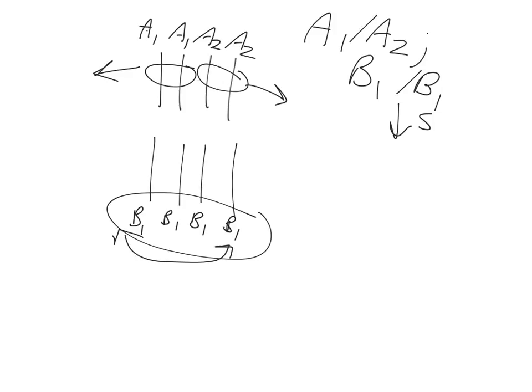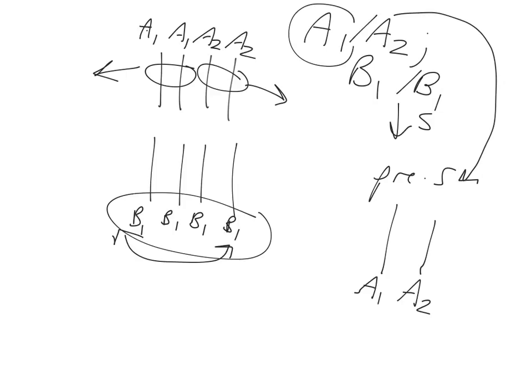Wait, so A1 over A2, that means you have 4? No, that's after synthesis. So before synthesis, what do you have? Pre-synthesis, you've got one copy of chromosome A version 1 and one copy of chromosome A version 2. Okay. That's what that genotype literally means. It's one copy of the chromosome has 1.